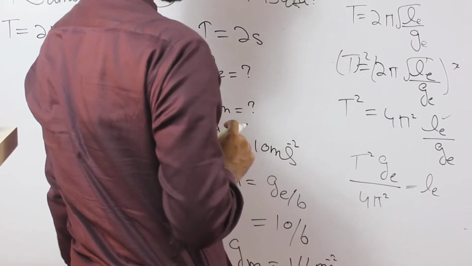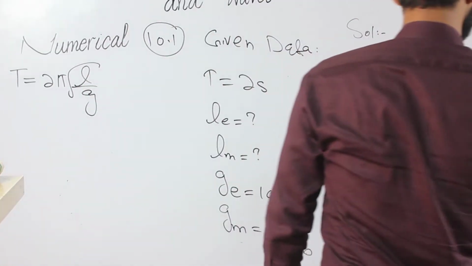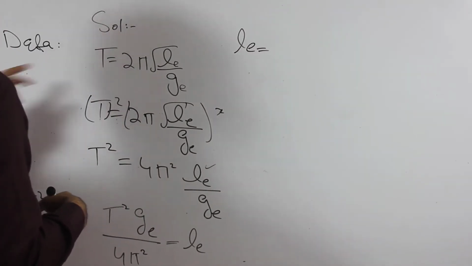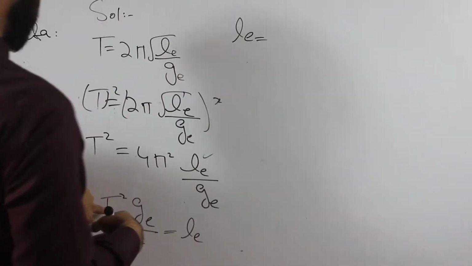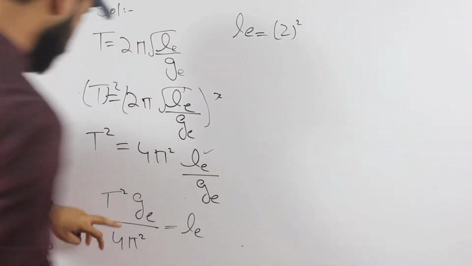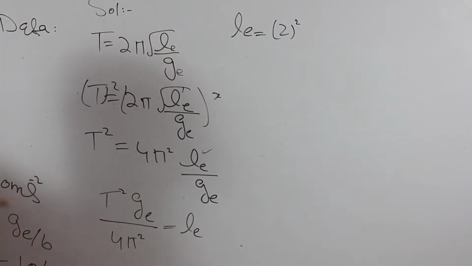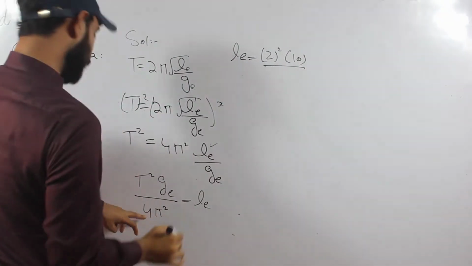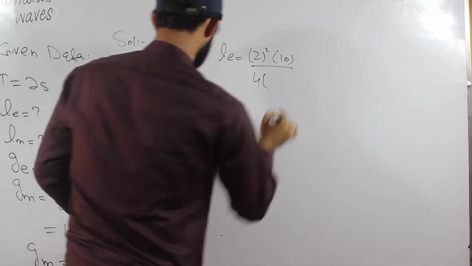Now we put the values in this formula. Putting the values: T is 2, and the value of G on the earth is 10. Next we have 4 pi square.